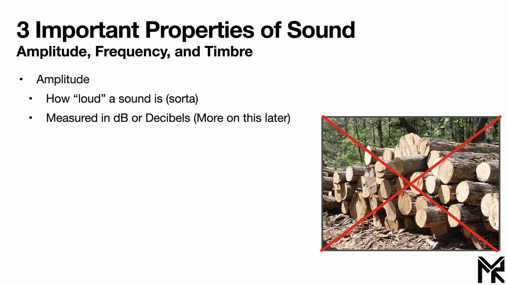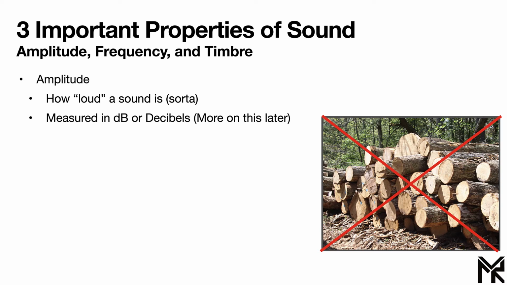Now, depending on how far our eardrums are from the speaker, that's how we perceive loudness. And the way that loudness is perceived is actually a little bit different than how it's represented. What I mean by that is doubling the height of a wave isn't necessarily going to double how loud we perceive that wave as. And that's why, when we're talking about corresponding to our own perception of sound, we measure amplitude in what's called dB, or decibels.